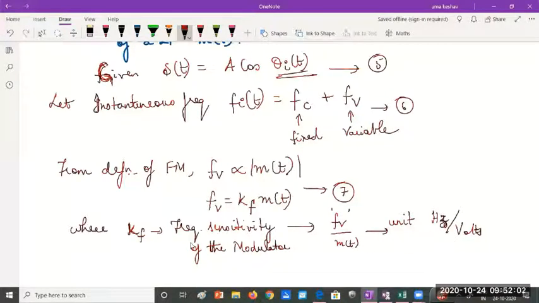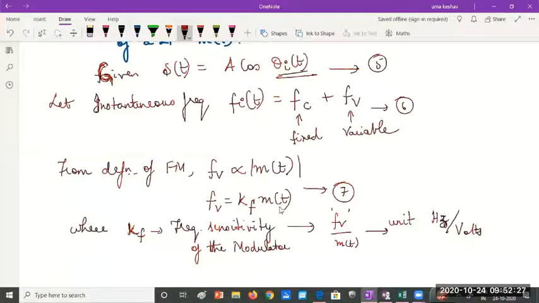So please remember, frequency sensitivity is a measure of by how much the frequency will change when I change the amplitude of the message. Whenever you change the amplitude of the message, by how much that frequency is going to change, that is known as the frequency sensitivity of the modulator.